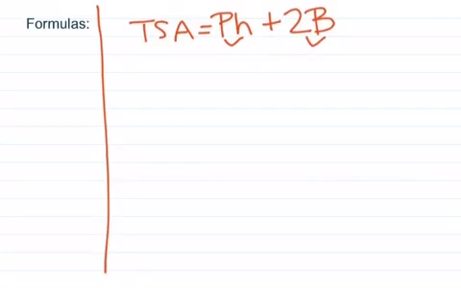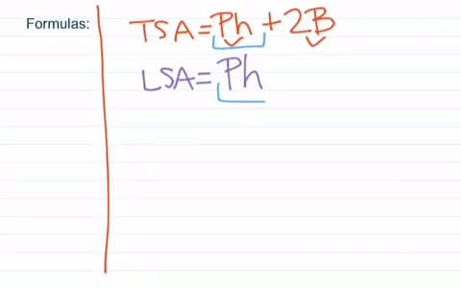Then your lateral surface area, or LSA, is just capital P H. Now you notice these formulas are very similar in the beginning. They're the same. Total surface area has plus 2 capital B. So there's the difference. So kind of keep that in mind as we're going through this.